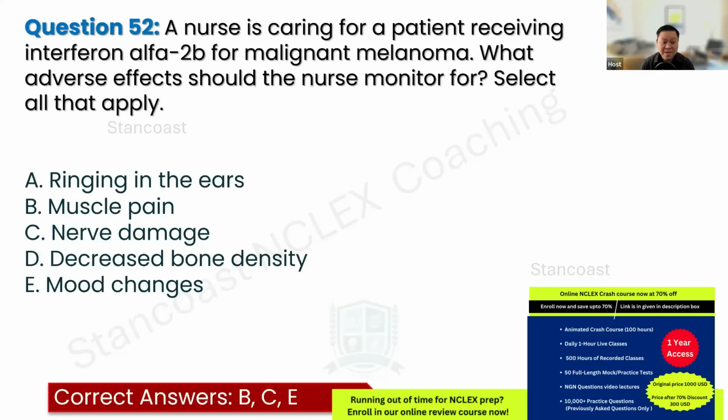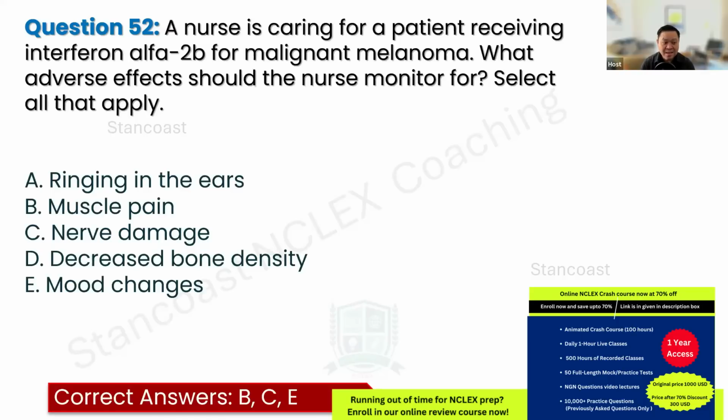The answers should be letters B, C, and E, because B, muscle pain and flu-like symptoms, are common side effects of interferon alpha 2b. And acetaminophen may help alleviate these symptoms. Now, for letter C, nerve damage or peripheral neuropathy is a potential side effect of interferon alpha 2b, which requires monitoring for falls and also injury prevention.